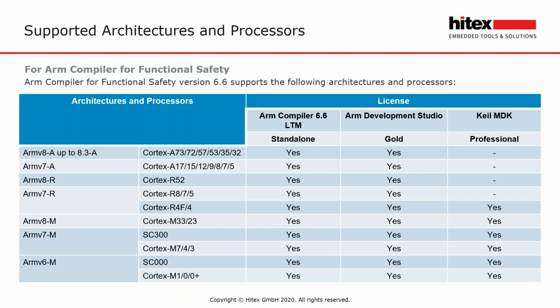But the device support is restricted within the Keil tools to just the secure core, the Cortex M devices, and the earlier Cortex R devices. So again, depending on your use case, it will maybe vary a little bit on how you source the compiler.